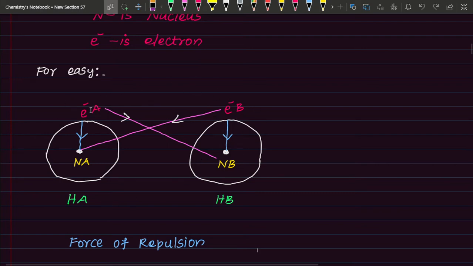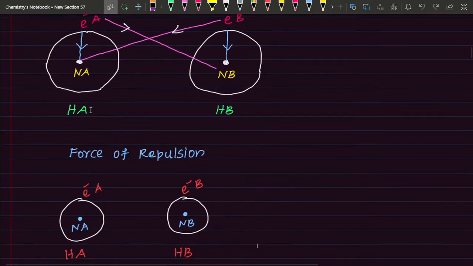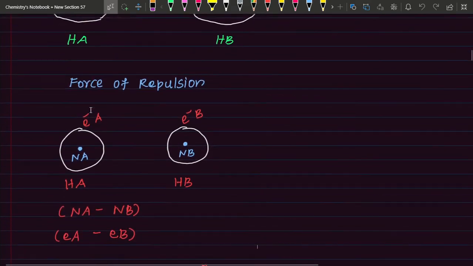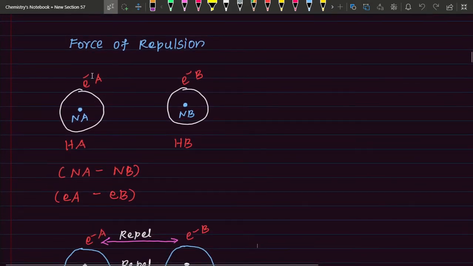Next, the force of repulsion. See below. This is the nucleus of hydrogen A atom, this is the nucleus of hydrogen B atom. Here Na and Nb are repulsive because both are nuclei.